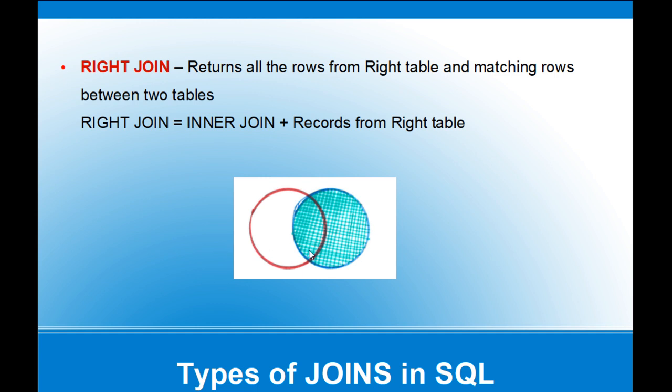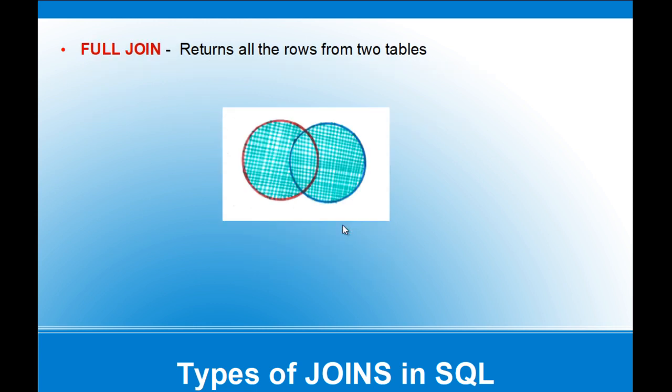Essentially, it's inner join plus the rest of the records from the right table, right? Then comes the full join, which returns all the rows from both tables, each and every record from A as well as B. So we'll get kind of the A union B full set, all the records from both the tables.